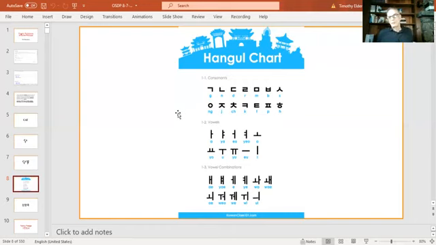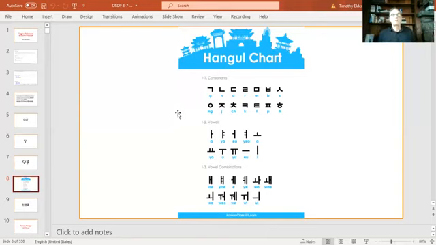Every Korean syllable, every single syllable, without exception, 100%, begins with a consonant. Did you get that? Every syllable begins with a consonant.